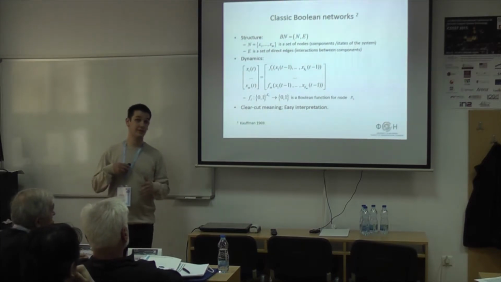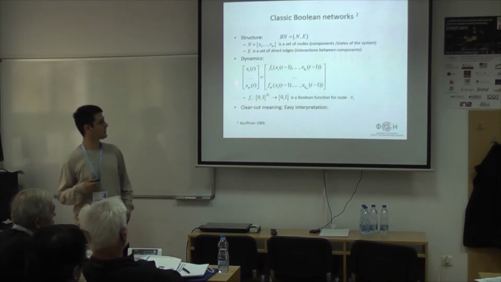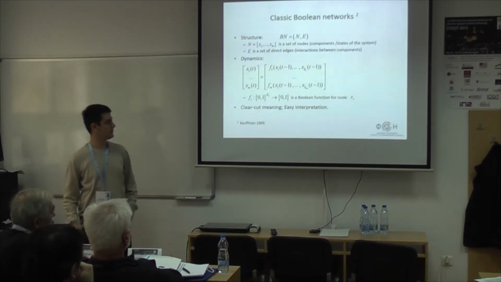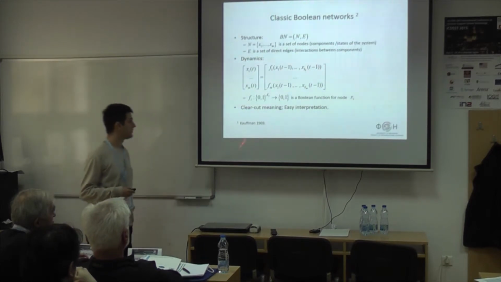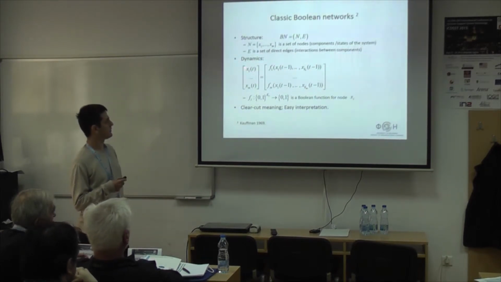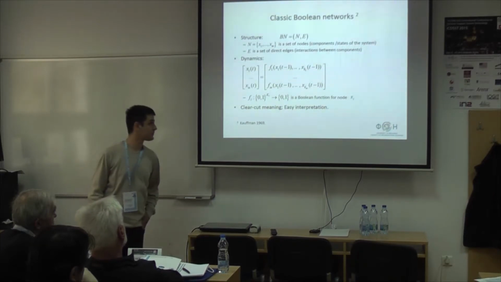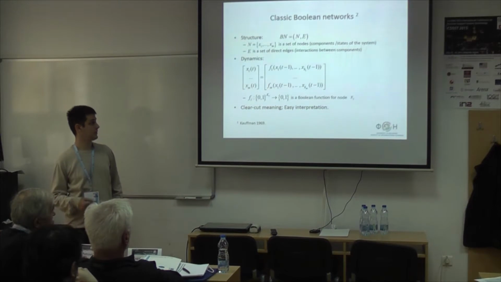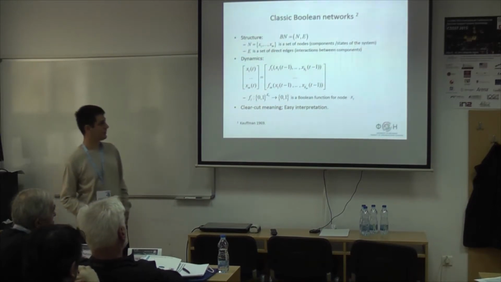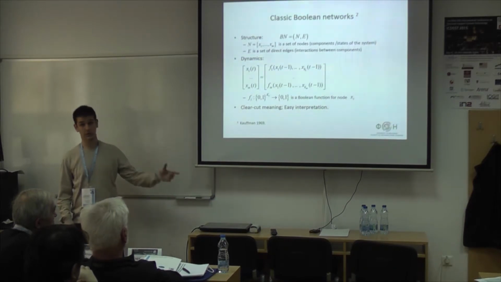Logical, as in based on logic. The dynamics of a complex system is presented with this set of equations. The state of the system xi is defined with function fi, that is a function of the values of the states of all elements at the previous moment. And here fi is a Boolean function that is two-valued, it can be only 1 or 0.